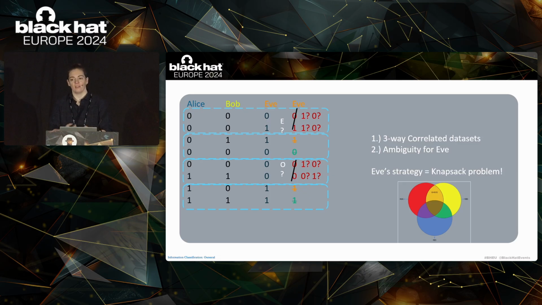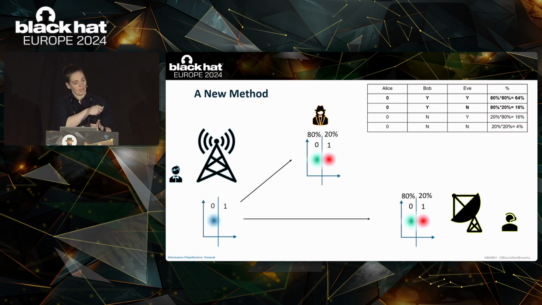It's information theoretic security. Except remember when I said that basically all of QKD generalizes to creating correlated data sets and keeping the stuff that's correlated. Actually, there might be a way that we can create those correlated data sets without needing any physical channel whatsoever. And that is what we are doing.